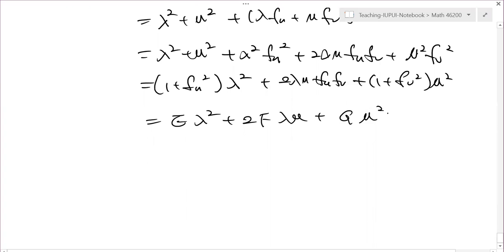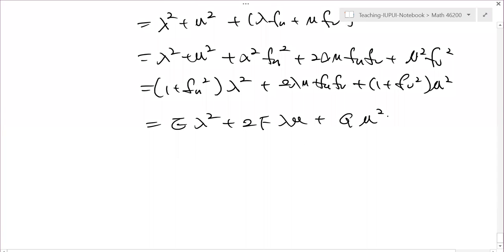All you have to do is use the E, F, G to write the formula for the integral for the curve on the graph.